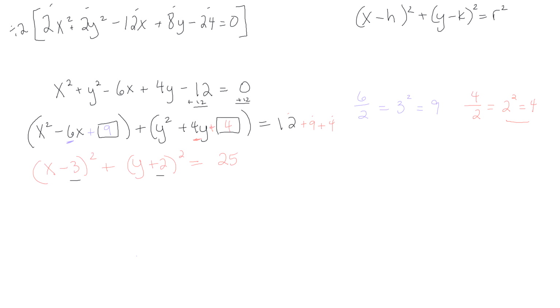My center is 3, negative 2, because when it's a plus here, it's really y minus the negative 2. The formula is minus. And the square root of 25 is 5. So 5 squared, my radius is 5.